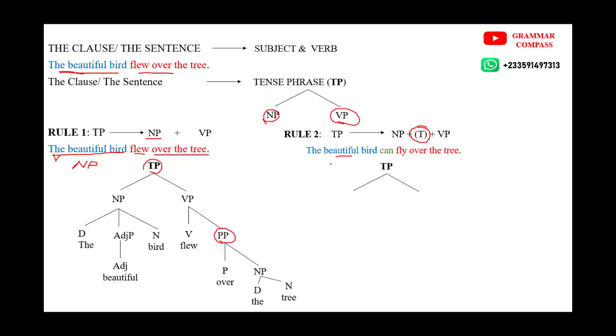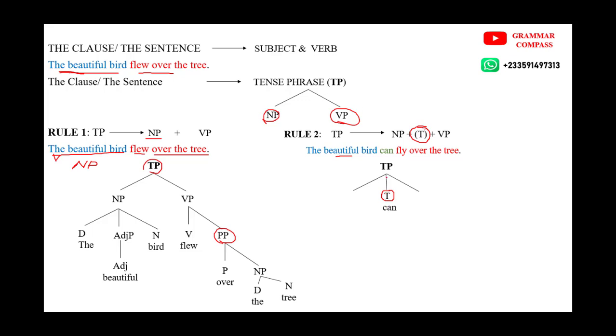But in the sentence, the beautiful bird can fly over the tree, we have a T, that is a modal. Therefore, we need to draw another branch in the middle to account for the modal verb. So we will draw a branch to represent our T, which is can. The T is the category where modals and auxiliaries fall.